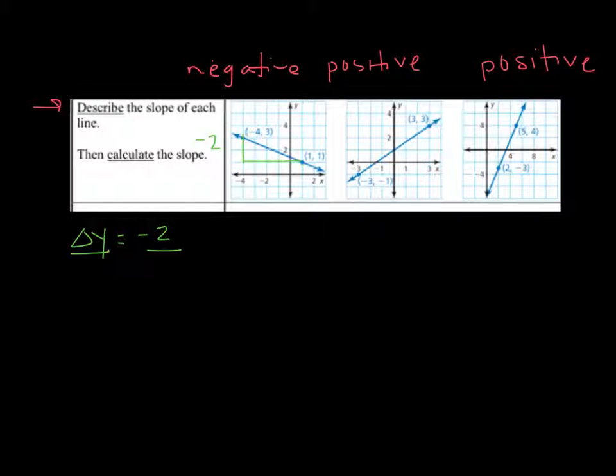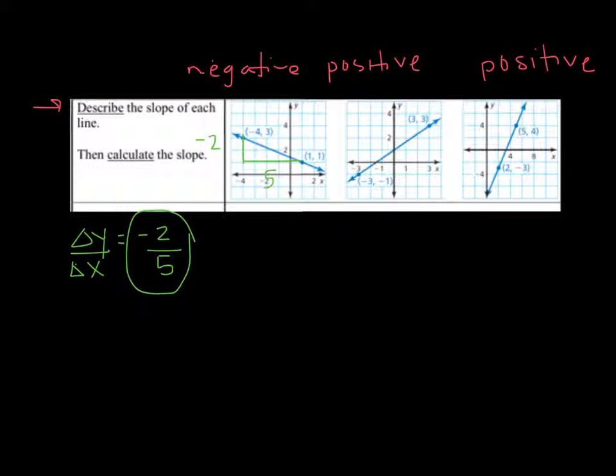I have to move over 1, 2, 3, 4, 5 to the right. So my change in x is equal to 5. So the slope of this line is -2/5. That means I went down 2 over 5 in order to calculate my slope using that slope triangle.